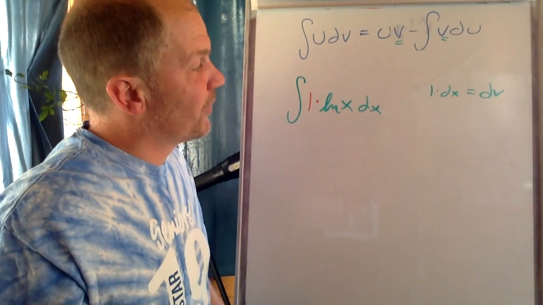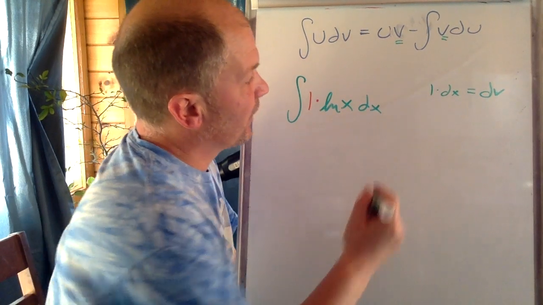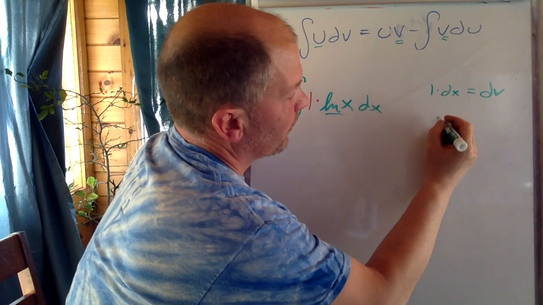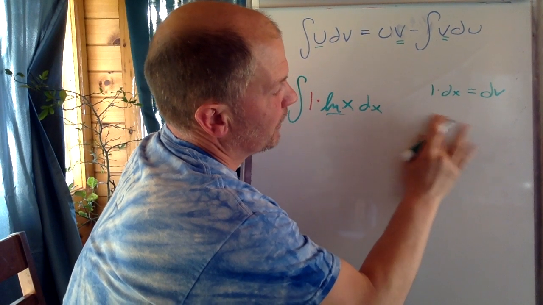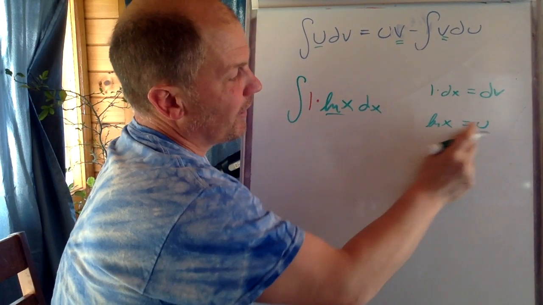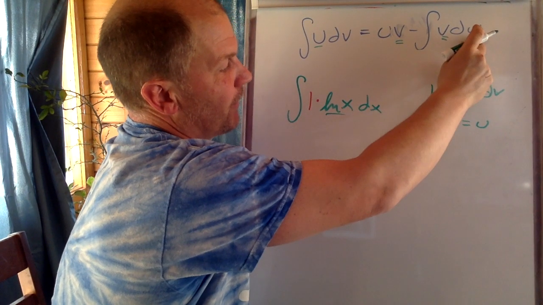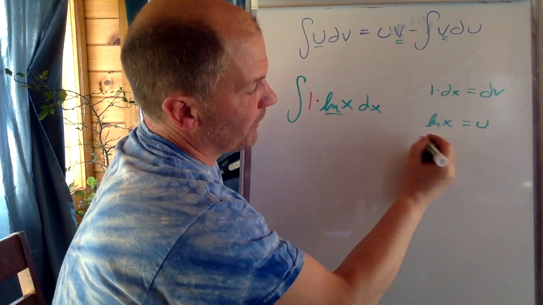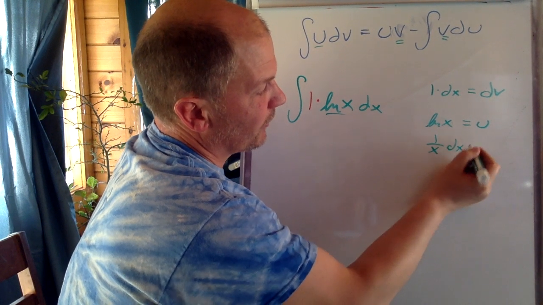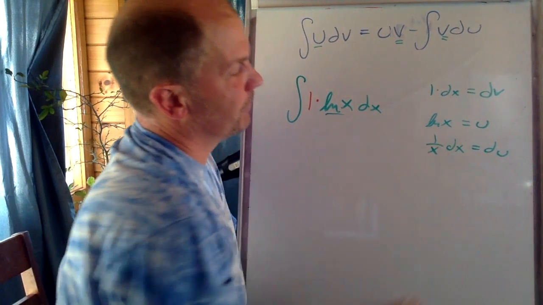I apologize. And I'm going to say that u is ln x. I'll write it the same way: ln x is u, because this is what I need to take the derivative of. So if I take this derivative, I get 1 over x dx is du.